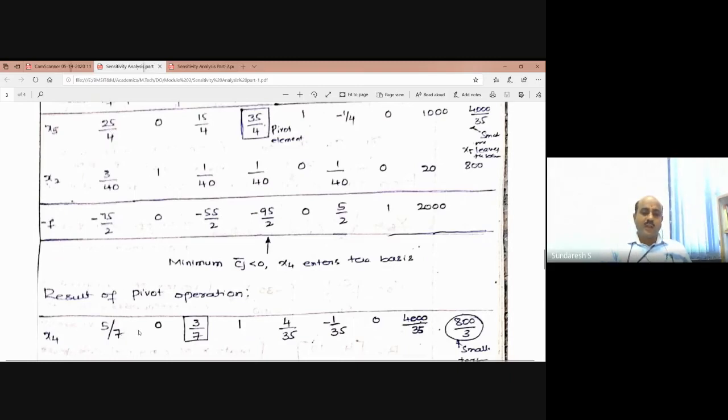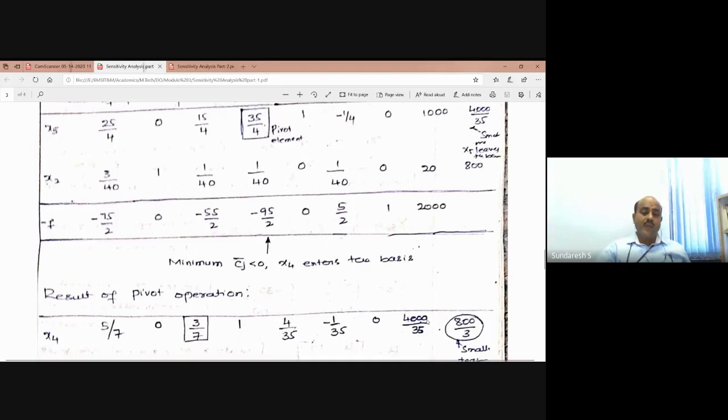Got it? Similarly, the second one, 0 divided by 35 by 4, is 0 only. Then the third column, 15 by 4 divided by 35 by 4: the 4 gets cancelled, and 15 by 35 is 3 by 7. Similarly, just complete the X4 row till bi. The last row you just leave out.